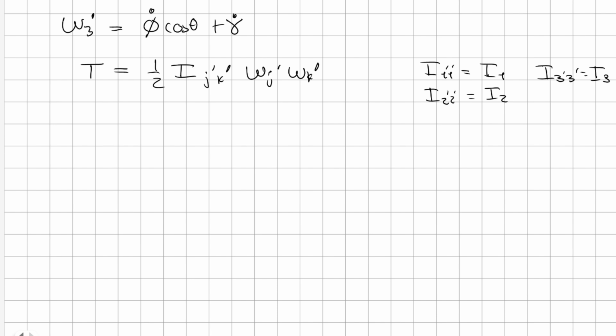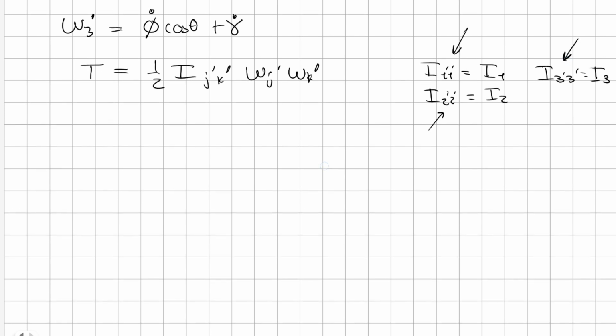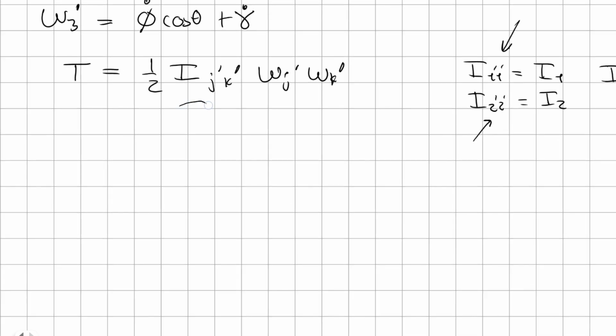Looking at the only elements that are different from 0 in the matrix representation of the inertia tensor, these elements, I11, I22, and I33, we are going to get in this sum that the only elements that are going to survive are I11 omega 1 omega 1, and then plus I22 omega 2 omega 2, and then I33 omega 3 omega 3.